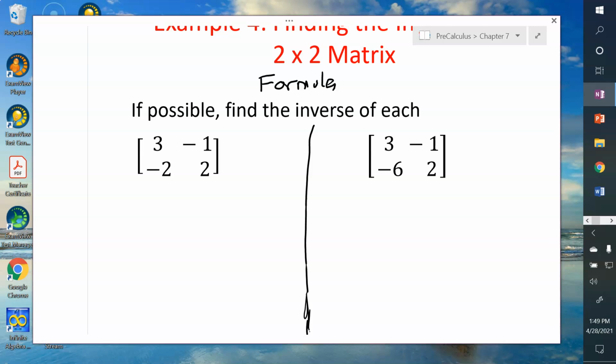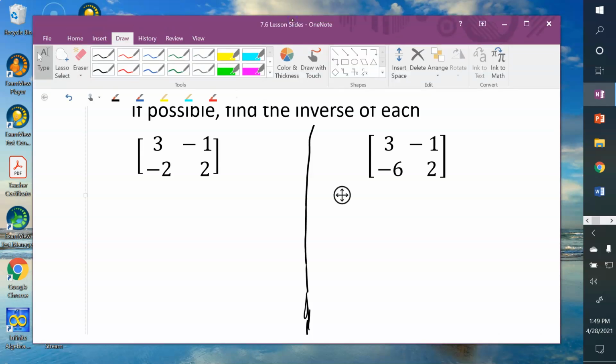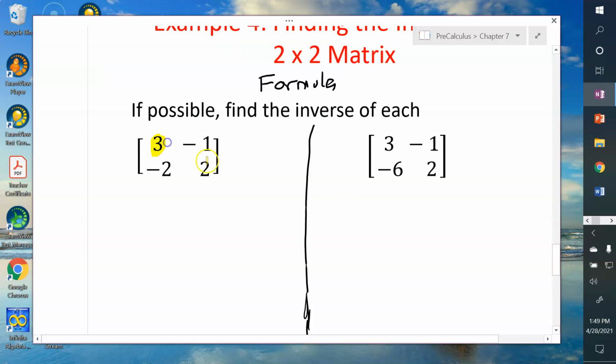So when I look at my first matrix, I have 3, -1, -2, and then +2. We have to decide if a matrix can be inverted. And what you're going to do is you're going to take the ones on your main diagonal, in this case 3 and 2, multiply those together.